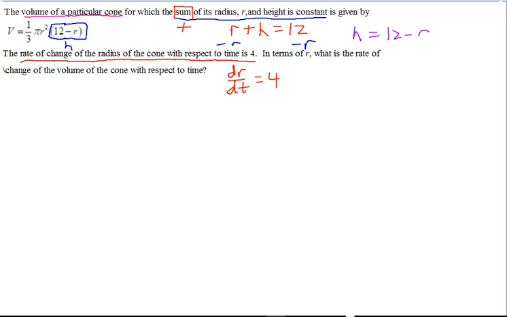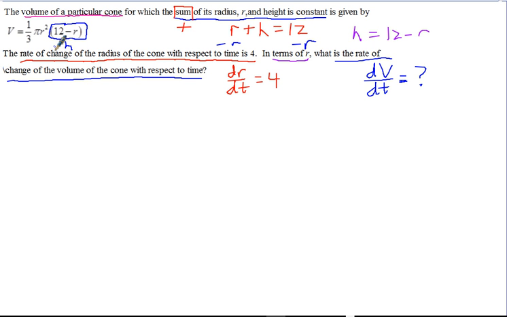Then it says in terms of r, that means our answer's going to have r in it, what is the rate of change of the volume of the cone with respect to time? So we're looking for dV/dt. And it says in terms of r, so we're not going to expect to get a constant for our answer. Variable r.